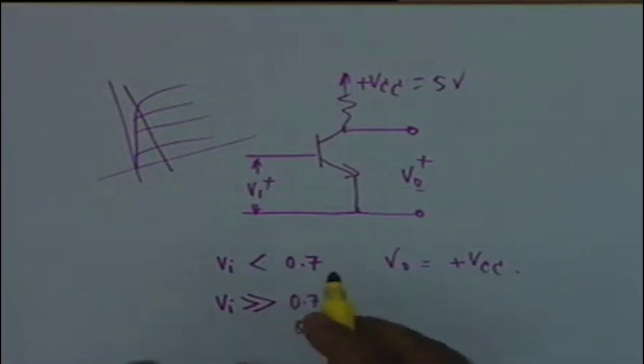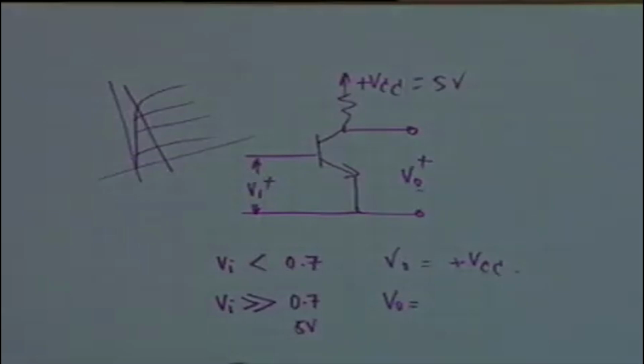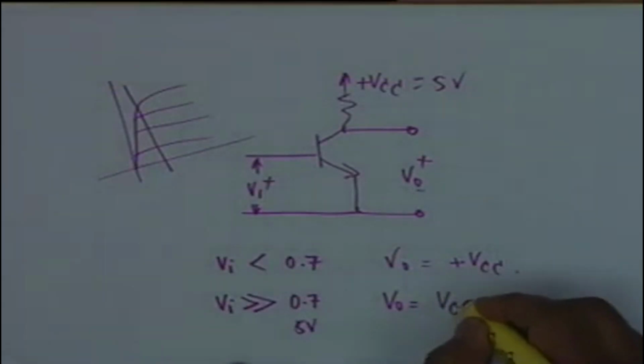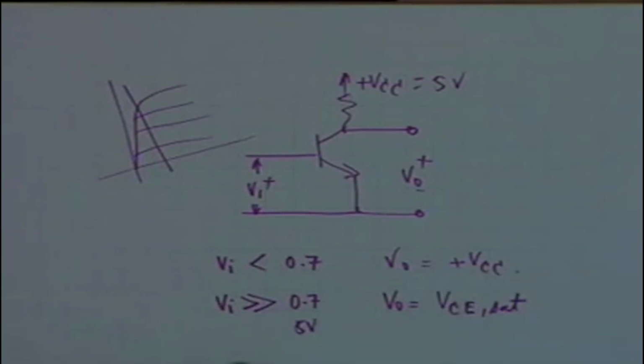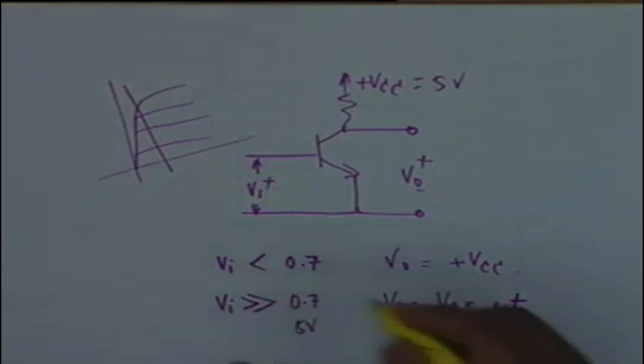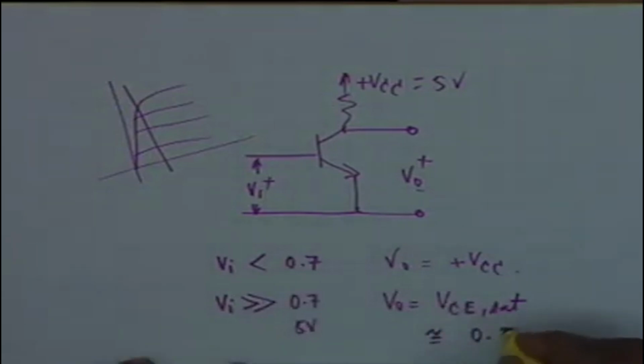In digital circuits, the drive at the base is either very large or very small, and therefore V0 becomes approximately equal to VCE saturation voltage, and this is approximately, for a silicon transistor, 0.2 volt.